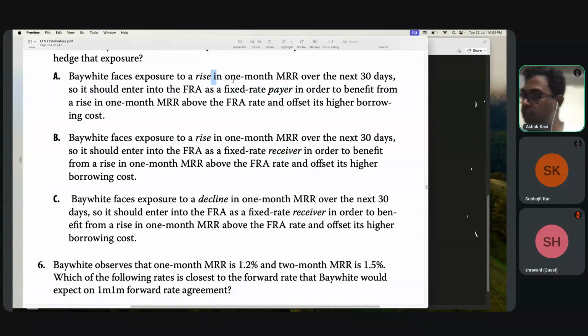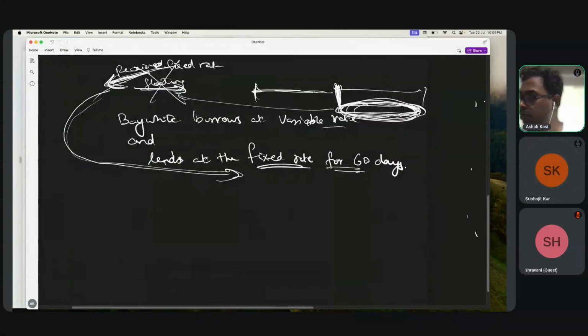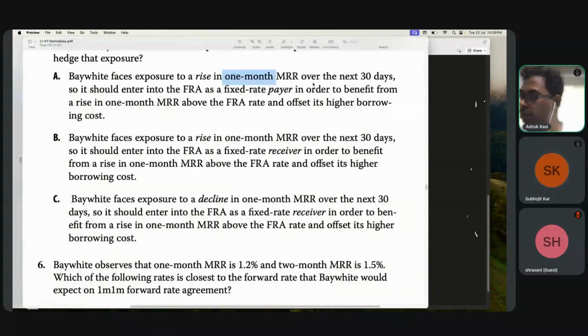So if the interest rate is going up, rates rise, right? They'll benefit from their clients, right? If MRR is going up, then they will be borrowing here at the higher rate but then they'll fix it, right? That's what they say next: over 30 days, it should enter into the FRA as a fixed rate payer.